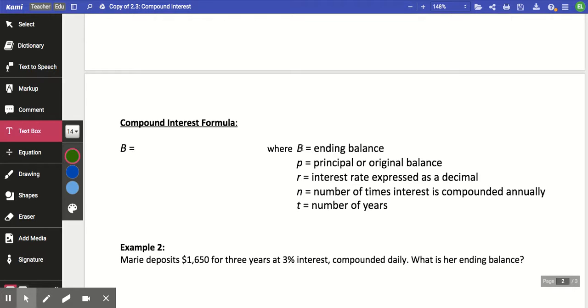One is the ending balance, another is the principal, the interest rate, the compound frequency, and the number of years. 2 of these are variables, whereas the other 3 things are parameters. As you can see, we have P, R, and T.